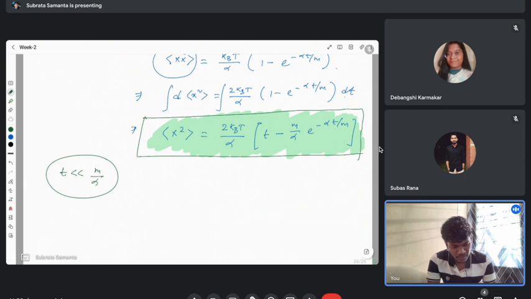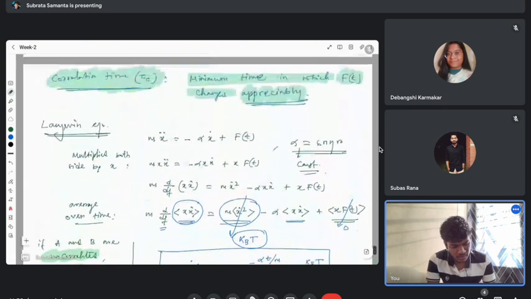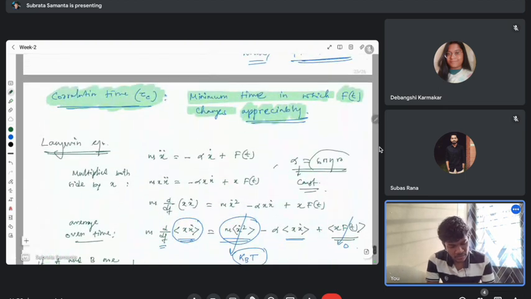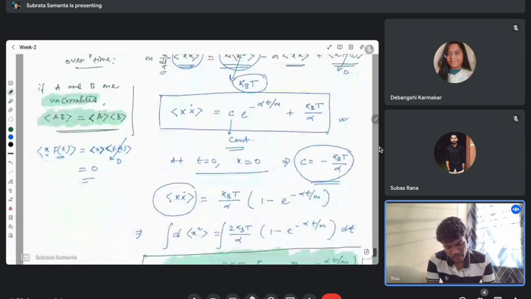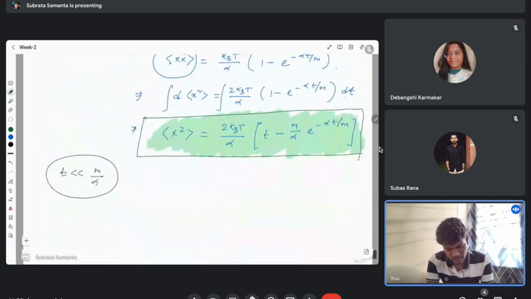That depends on the 6 pi eta r, right? So if we take these limits, this actually gives that x square average is kBT by m into t square. It's not t, it gives a t square in this approximation.